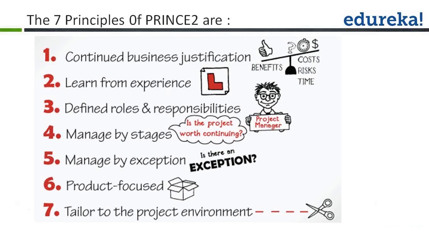The fourth principle is manage by stages. PRINCE2 uses a stage gate model to control project progress. The work or overall scope to be delivered is divided into manageable units of work, and each stage delivers one or more units of work.